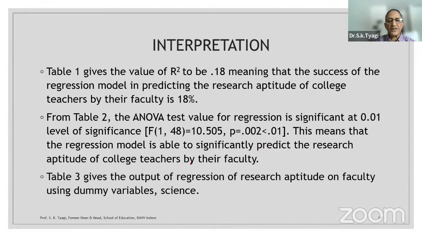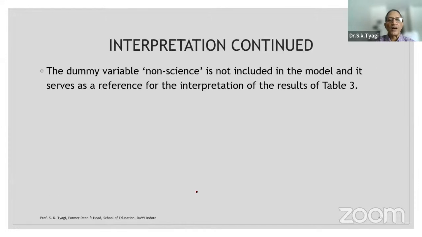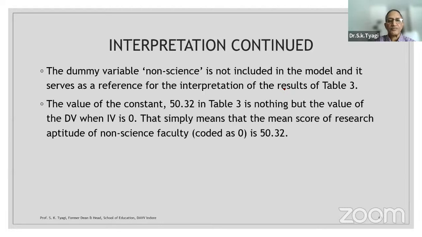Now, table 3 gives the output of regression of research aptitude on faculty using the dummy variable science. Now we will be interpreting, this is important, the regression coefficient. The dummy variable non-science is not included in the model and it serves as the reference for the interpretation of results of table 3.